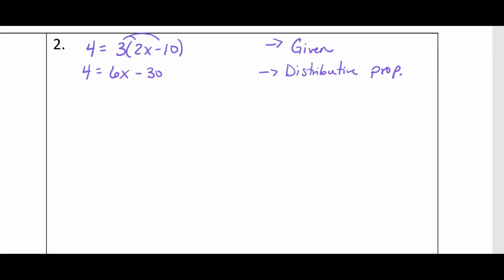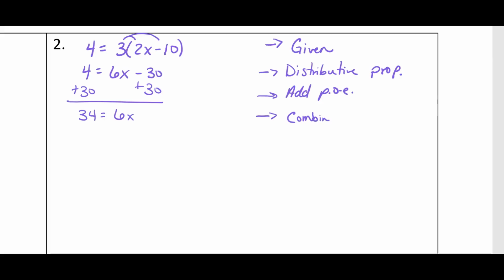Now the next step would be to simply add 30 to both sides. That's going to give us 34 equals 6x. Adding, we are using the addition property of equality. Then, because we added those, we actually just combined our like terms.